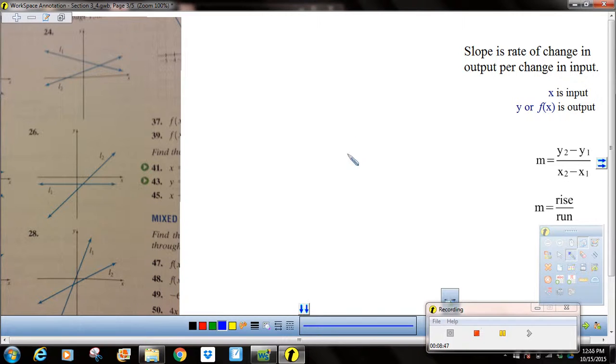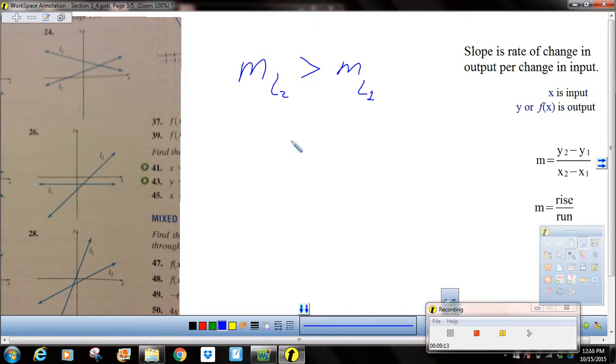On 24 through 28, I believe it asked which one had the high slope or the largest slope. L2 is the one that's positive, so the slope of L2, here I'll use this subscript there, slope of line 2 is greater than the slope of line 1.